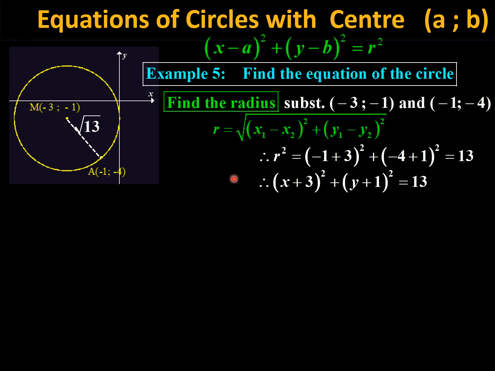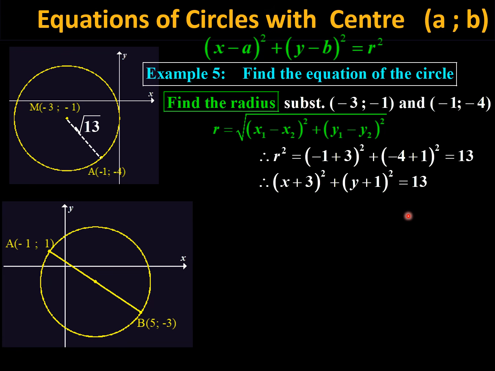Now we can substitute into the formula. We know the a value is -3, so that becomes +3. The b is -1, so that becomes +1. Watch out here. -3 becomes +3, -1 becomes +1. And there we already worked out r squared is 13, so there's the equation of that circle.